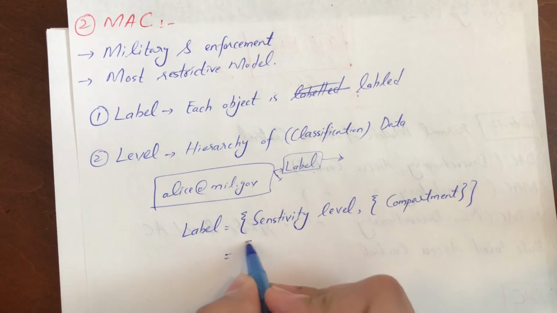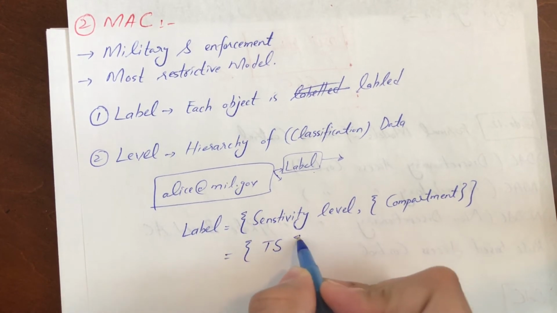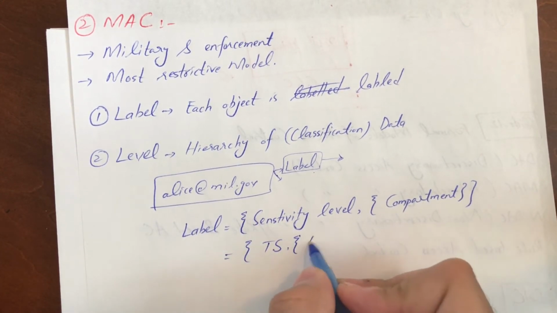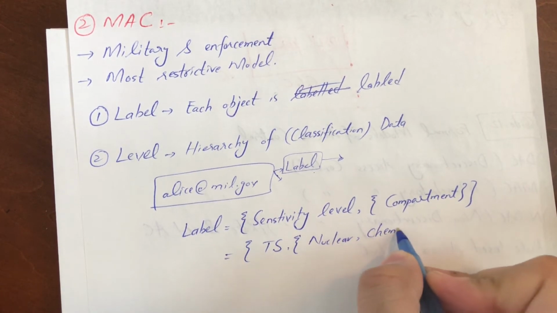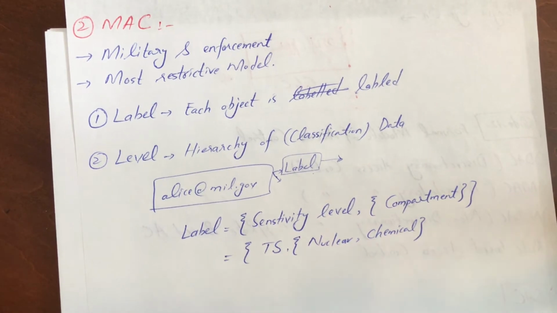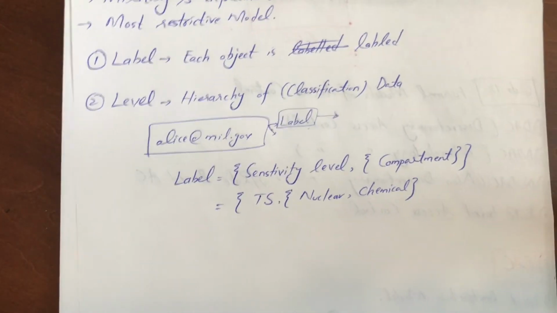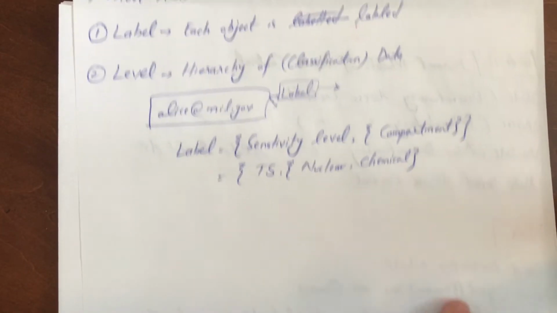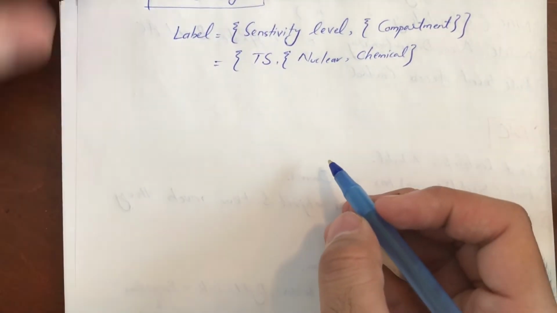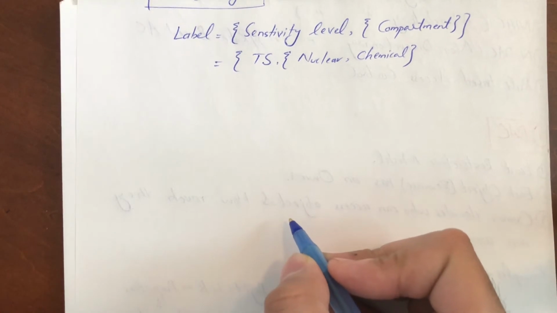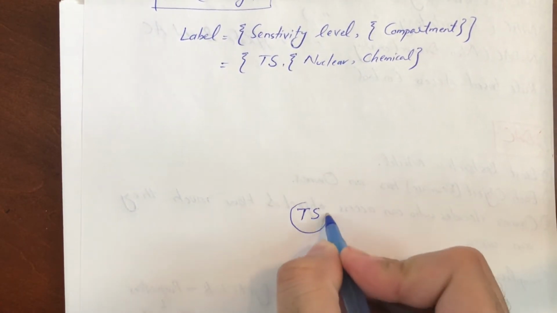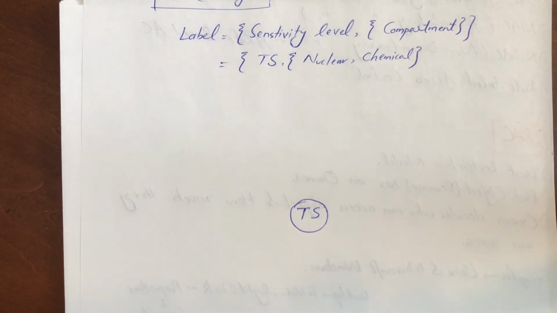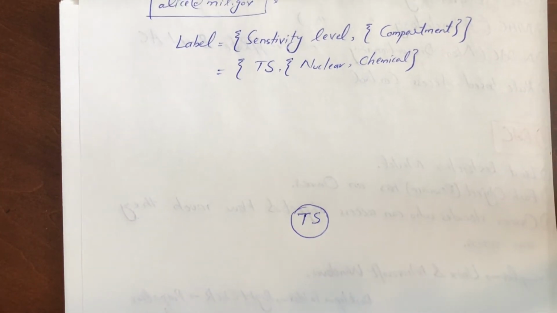For example, sensitivity of data is top secret. Maybe within top secret you can access nuclear, or you can access some chemical weapons. Once you have this particular label issued to you, it means you can access that particular data. Let me give you some basic idea about this classification of data. In military setup, the most highly restricted data is called top secret, TS. Top secret is the innermost or highest confidential data.